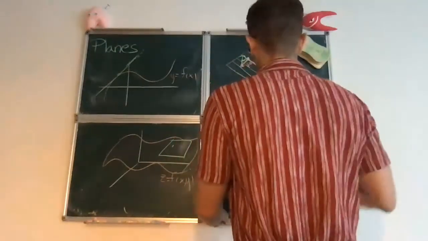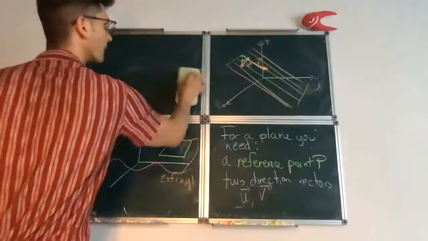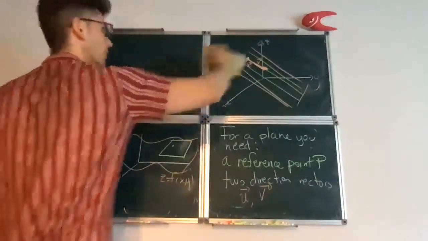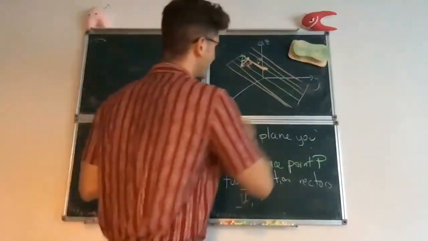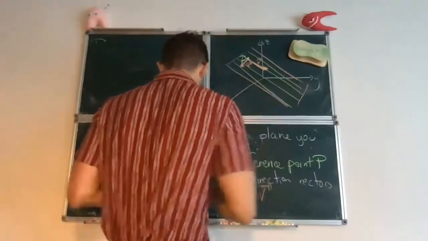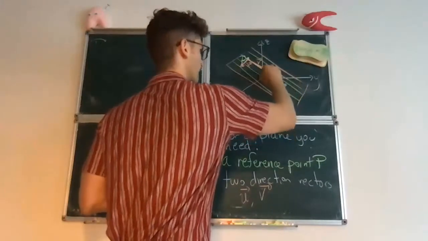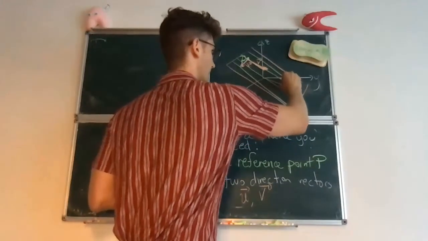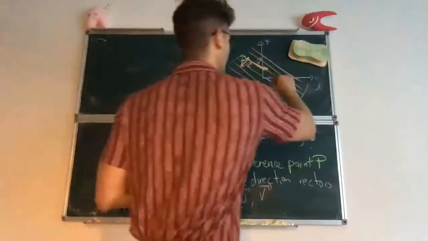And so basically, as you might guess, if you take a point on this line, there's a position vector for this point.